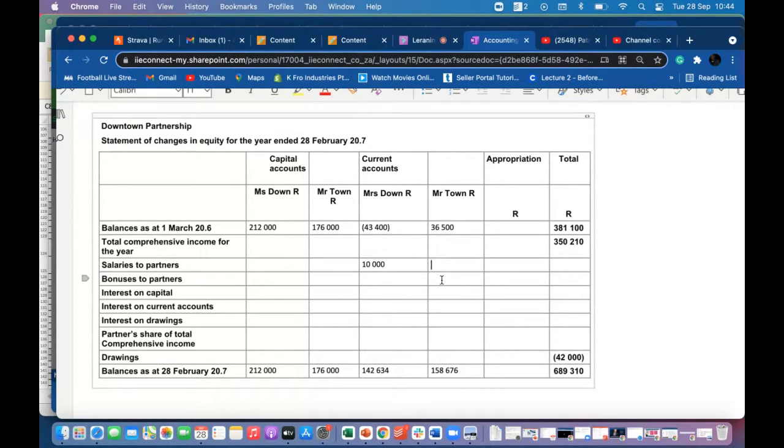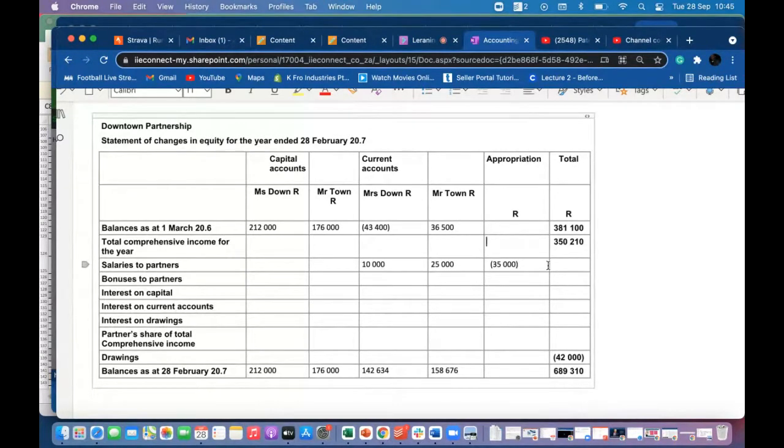Here there's no debit or credit, so we do need to put brackets around it if it's a negative amount, and no brackets if it's a positive amount. Then this is going to reduce the appropriation account, right? So here we actually are going to write in brackets 35,000.